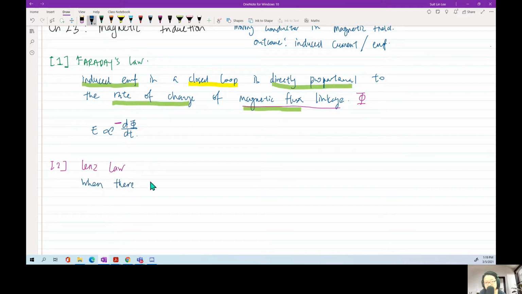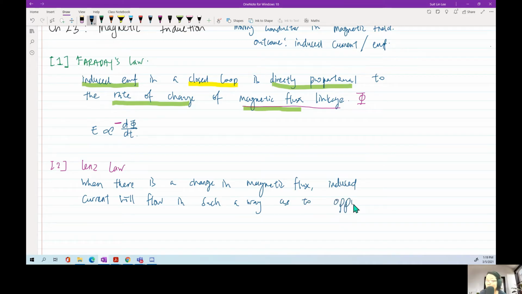When there is a change in magnetic flux, the induced current, or the induced EMF, will flow in such a way as to oppose the change.